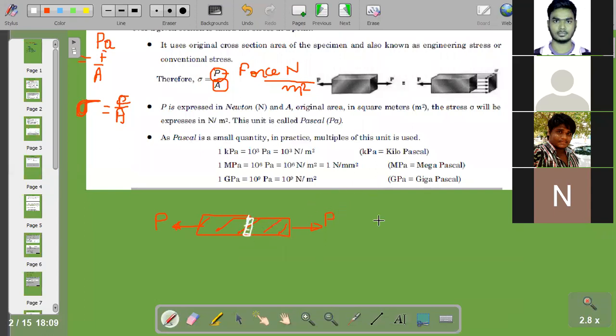That stress is given by sigma is equal to force per unit area. ठीक है? Newton per meter square.